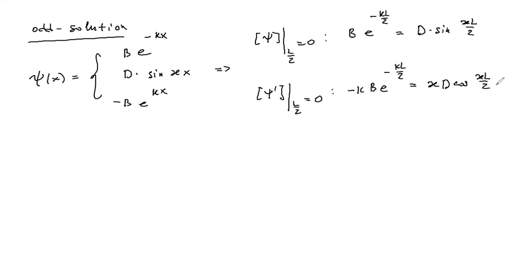I'm going to use the same trick and take the ratio, left side over left side, right side over right side. Then on the left side I get minus 1 over k, because you take this over this. And on the right side, D will cancel out, it will be 1 over kappa and tangent, yeah.